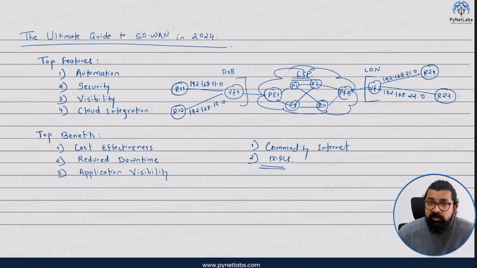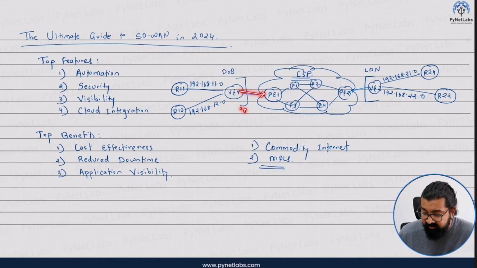SD-WAN as a solution provides you automation, and this automation, which is the most important feature that the solution brings to the table, helps you to onboard your WAN edge devices and deploy the tunneled encapsulation over any transport automatically. Which means that when you ship your hardware to that particular site, the technician only needs to connect that hardware to the internet with the help of the provider edge connectivity of your transport.